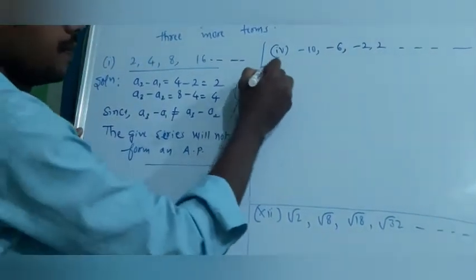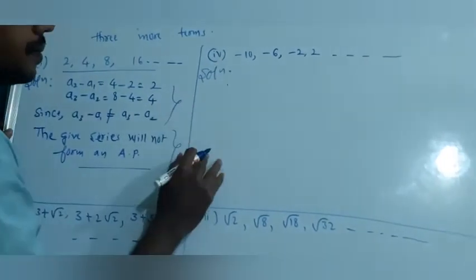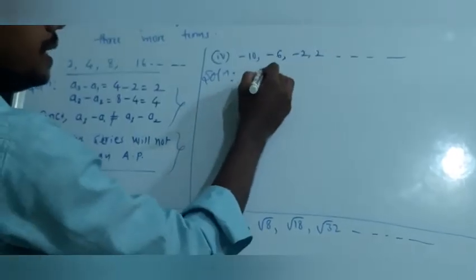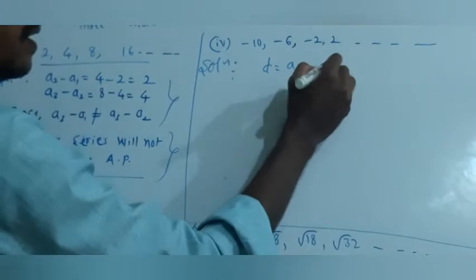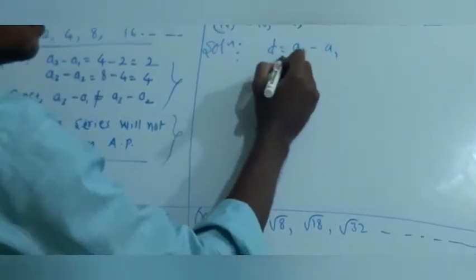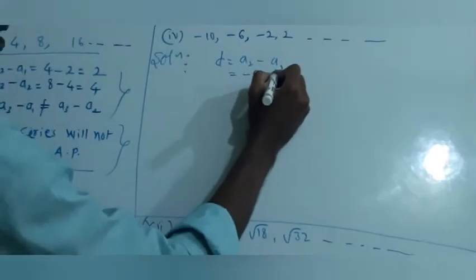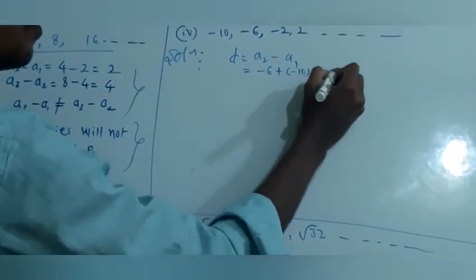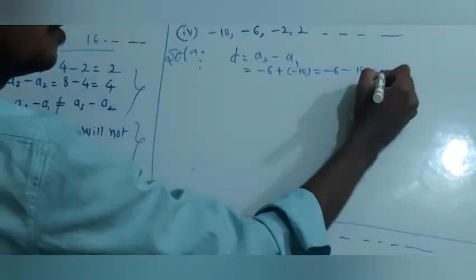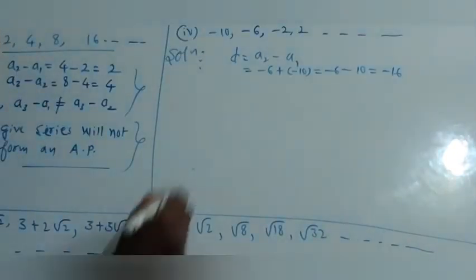Next. So D is equal to A2 minus A1. So what is A2? Minus 6 plus of minus 10, which is equal to minus 6 minus 10, which is equal to minus 16. Next.